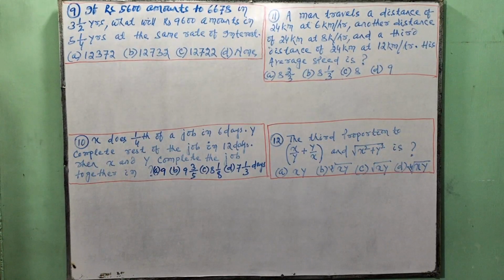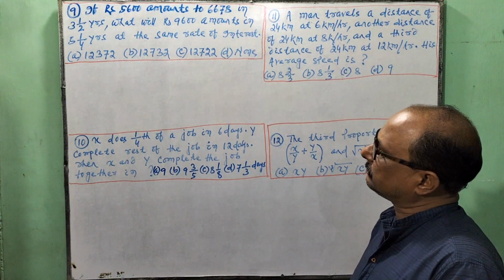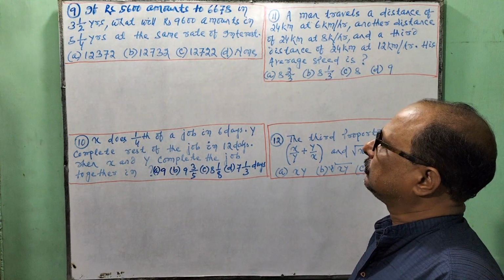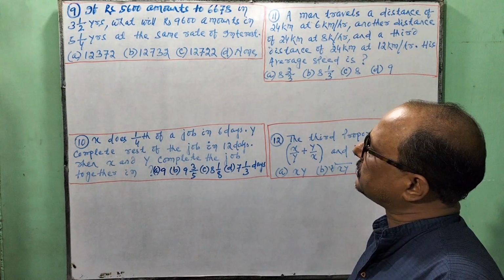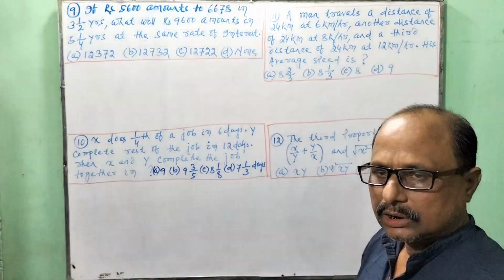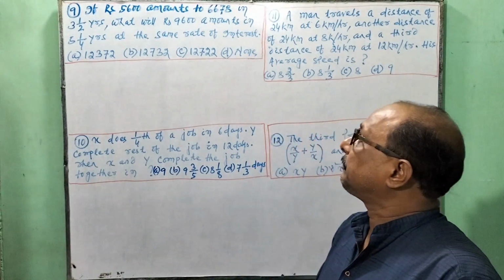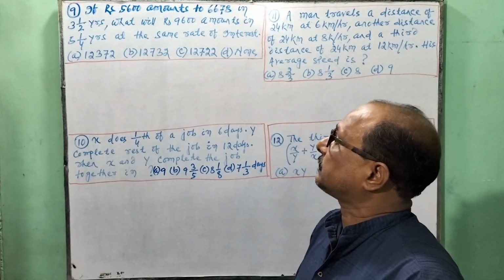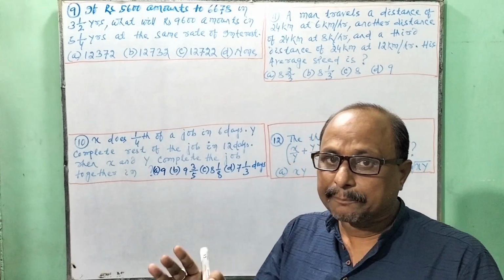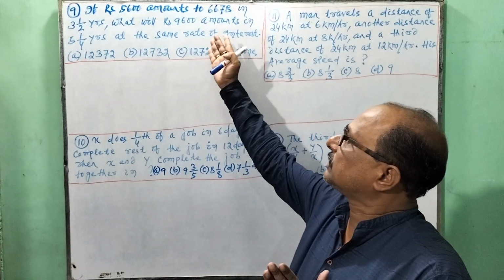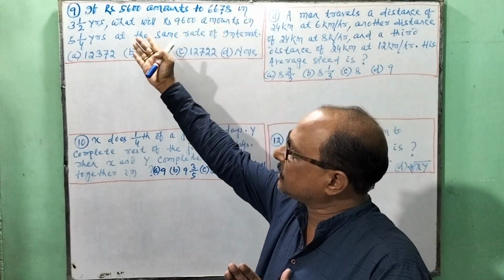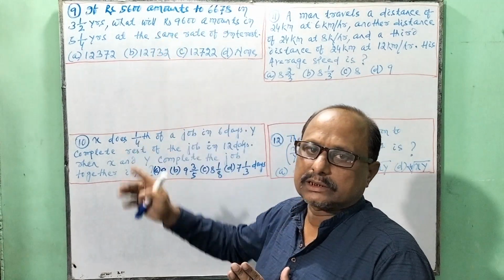Number 9. If rupees 5,600 amounts to 6,678, this means the principal is 5,600 and the amount is 6,678. The gap between them, 6,678 minus 5,600, is the SI.